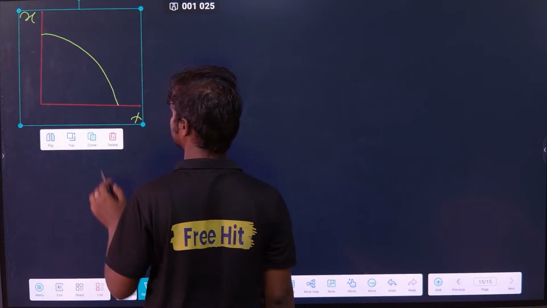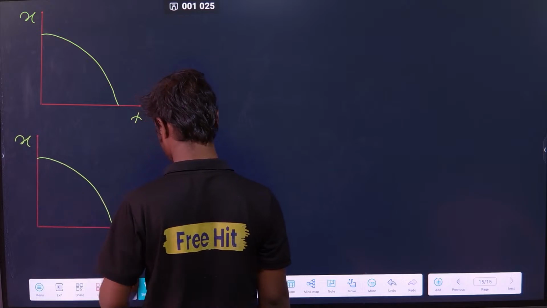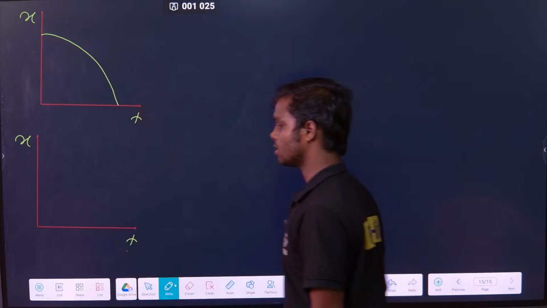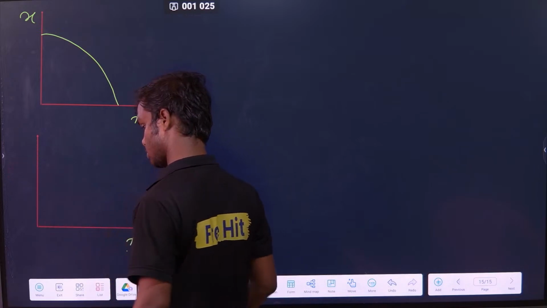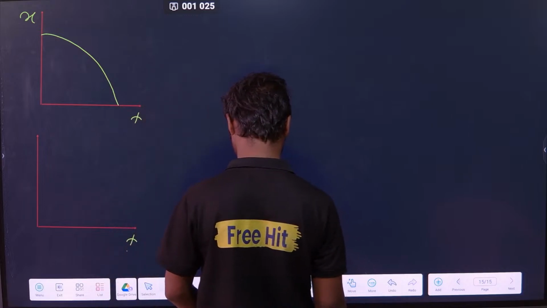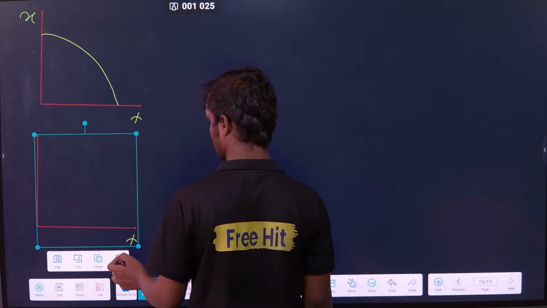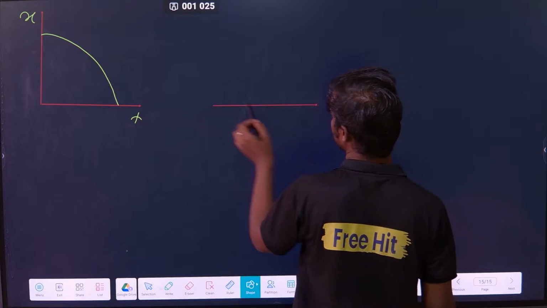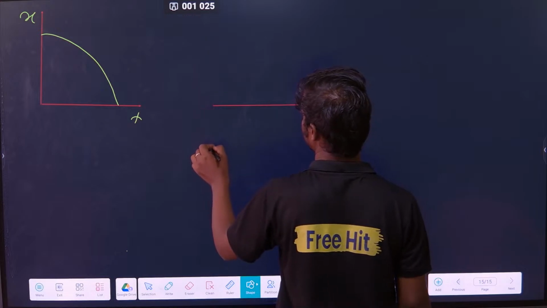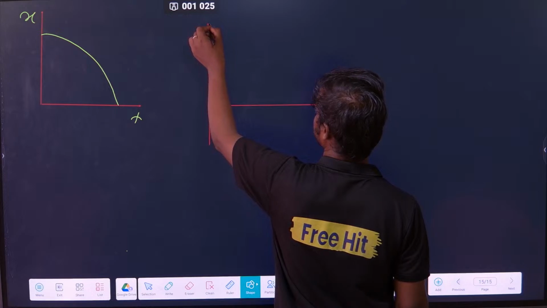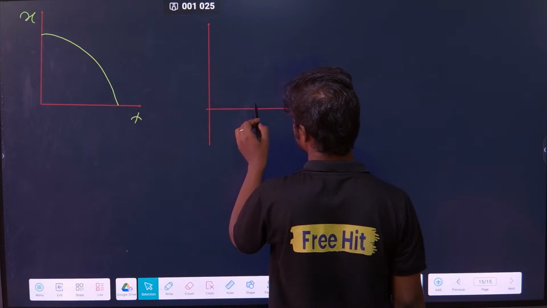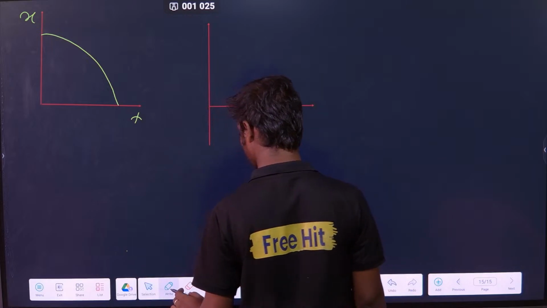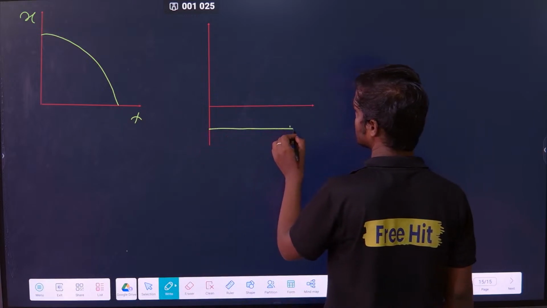Next, which graph can I ask you to draw? Next graph is acceleration versus time, that is minus g.